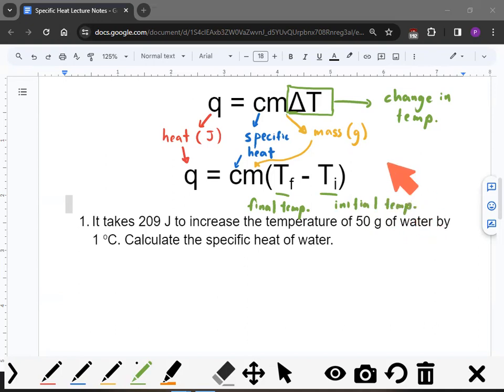So we use these different equations depending on what information we're given. If we're given how the temperature changes, just the change, we use the delta T equation. If they tell us, hey, you started at 10 degrees and you went to 50 degrees, if you know the final and the initial, that's when you use the second equation right here. But it's pretty much the same. The only thing different is the temperature stuff.